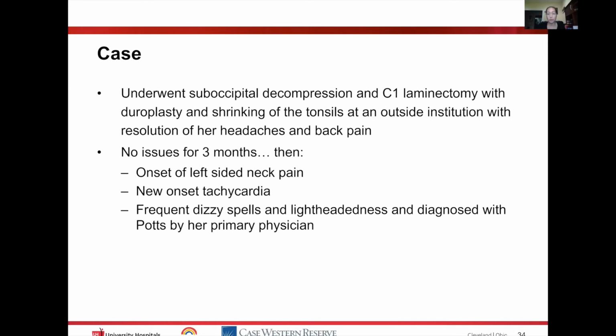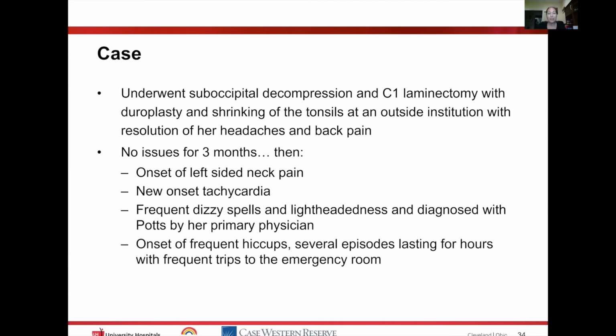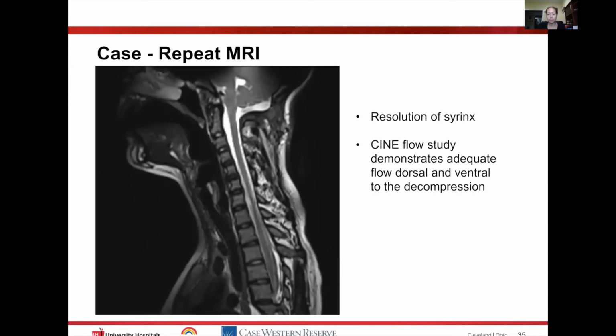For those of you that have not yet done a PEDS rotation, this is basically just lightheadedness in a teenage population. And then she had the onset of these frequent hiccups, and she would have several episodes of hiccups that would last for hours, and frequently would end up in the emergency room because she couldn't get them to stop.